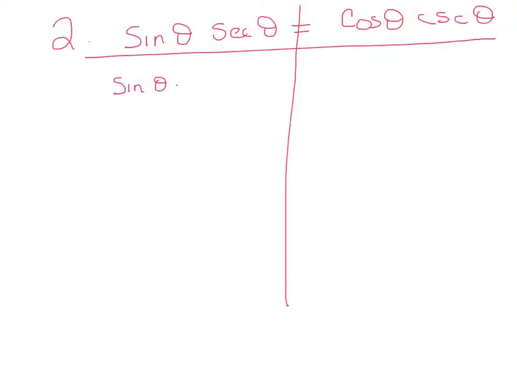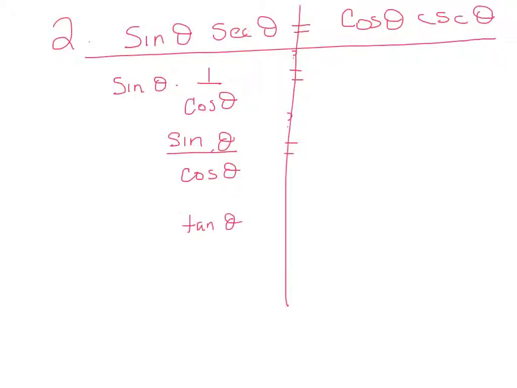Sine theta times 1 over cosine theta. That gives you sine theta divided by cosine theta. And all of this, the question is, is that equal? I'm putting a question mark on top of the equal sign. Okay, so that is tangent, right?